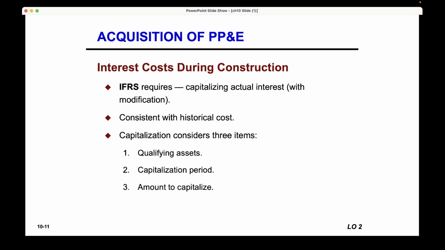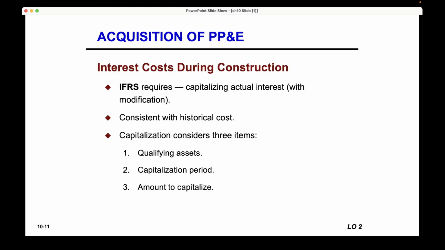This approach ensures that the cost of the asset reflects all necessary expenditures to bring it to its current condition, which aligns with the principle of historical cost accounting. If we can still recall our concept of cost from our previous lecture, then here is the application of that concept.